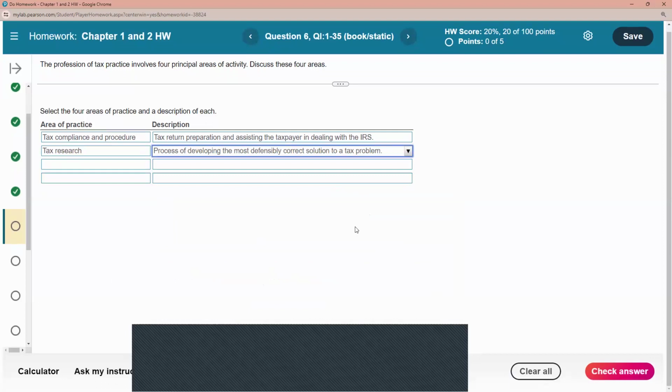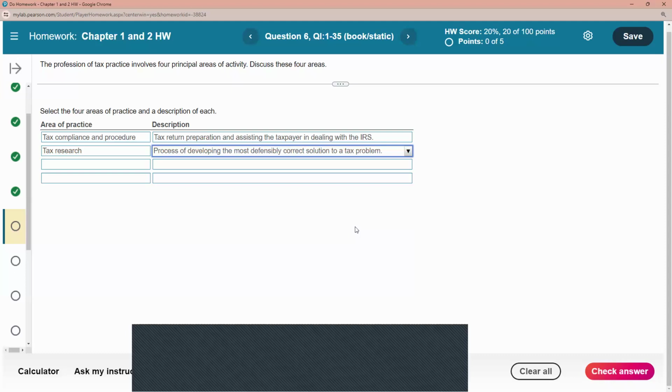Tax research involves a completed transaction or a proposed transaction. A completed transaction is if they already sold the property, right? If they didn't consult with me and just sold the property, that's a completed transaction. It already happened. Versus a proposed transaction, where they were considering selling it, but they came to me first.